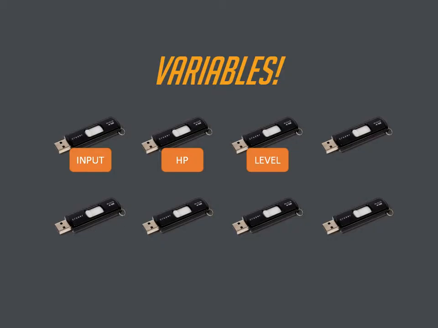I can also hold something like your current level. Skyrim has something like level, right? Maybe you start off at 1, and as you level up, this number goes higher and higher. If you ever want to know what level you are at, you just take this variable, which is represented by the USB drive, and you just read that level from there.